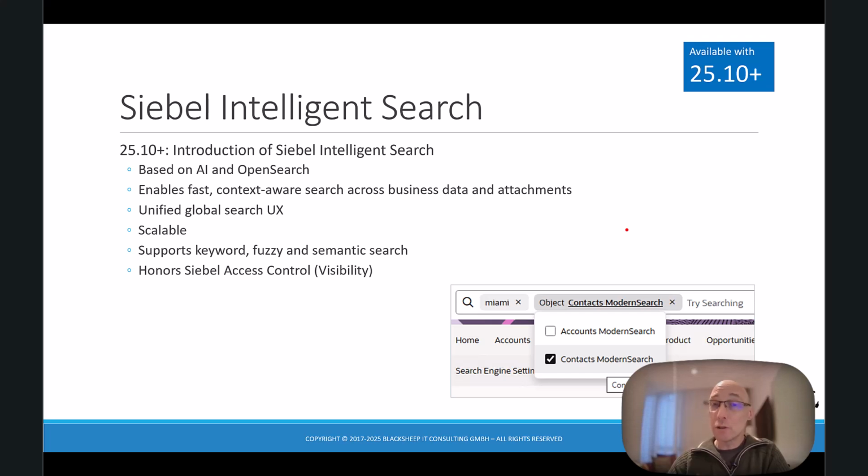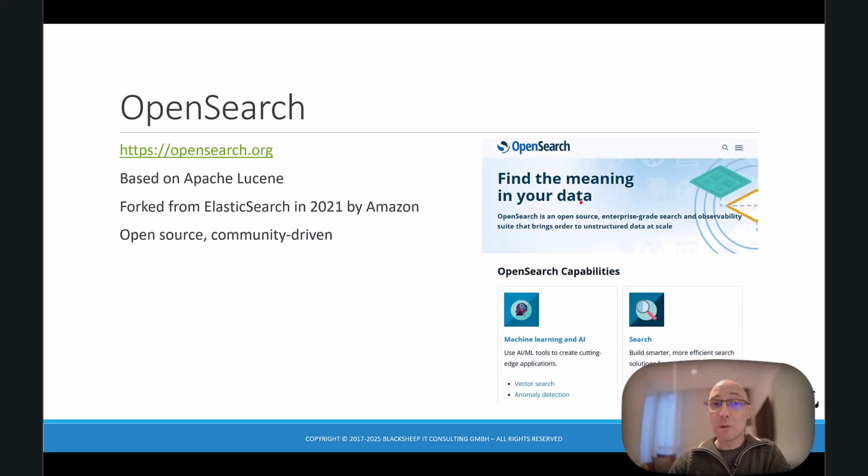And it also includes not just business data, it includes attachments, of course. And it honors, and that's the most important part of doing search in Siebel, it honors the Siebel access control, the visibility. So users searching for accounts or contacts get the search results filtered by their visibility levels, which is a super important thing.